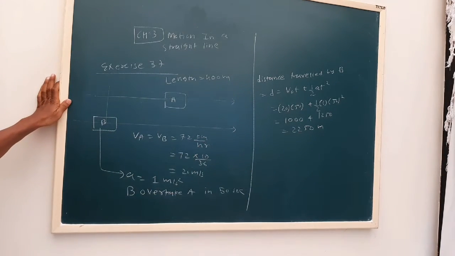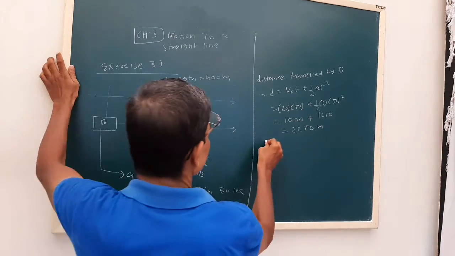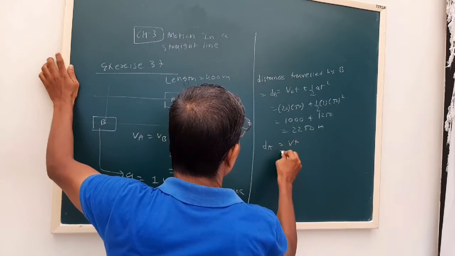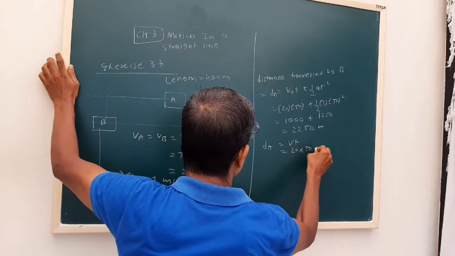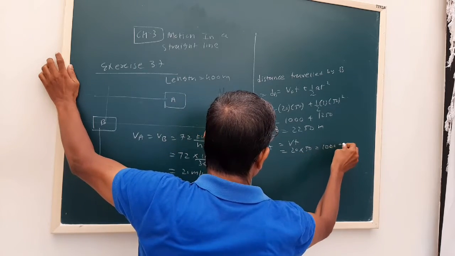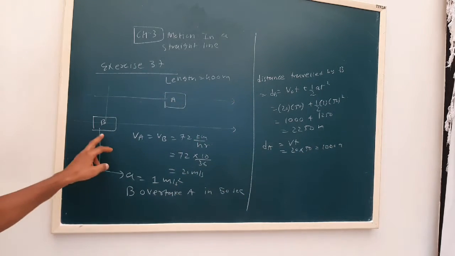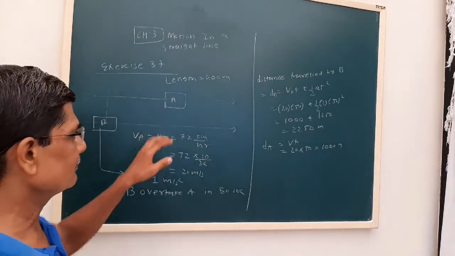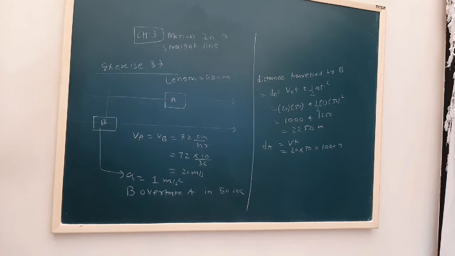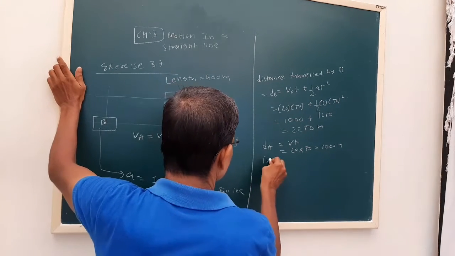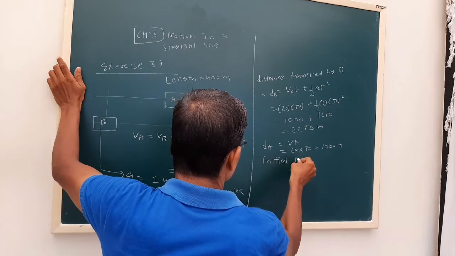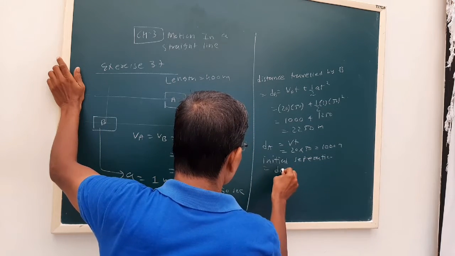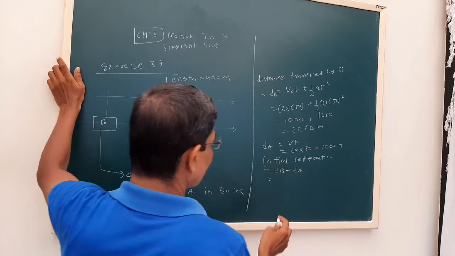Now what is the distance traveled by A? V into t. Now B moves with accelerated motion, A moves with constant velocity. So what is the initial separation? It will be d_B minus d_A.